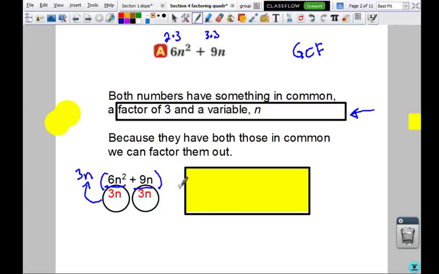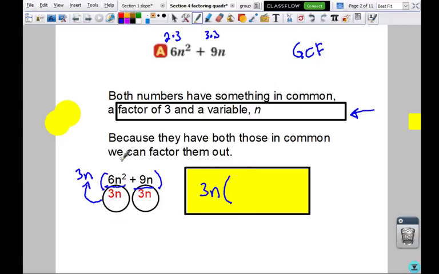So it's kind of like dividing, but not quite. It's more like I'm splitting this apart to have my first part 3n, and my second part whatever's left after I divide by 3n.